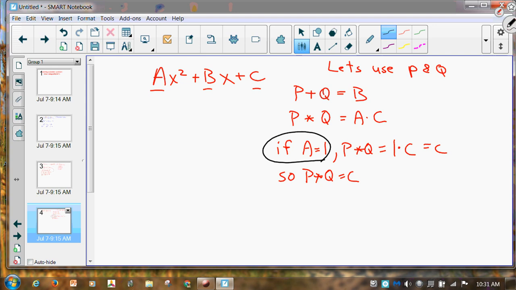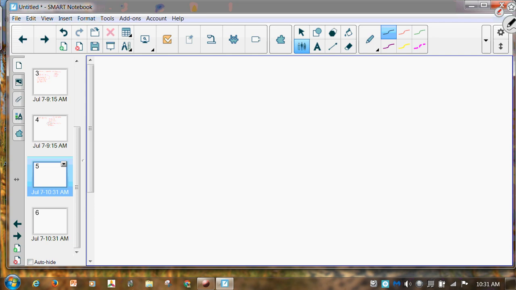All right, so let's take some examples. Let's take x squared, and we'll do something fairly simple, minus x minus 72, and we're going to factor this.